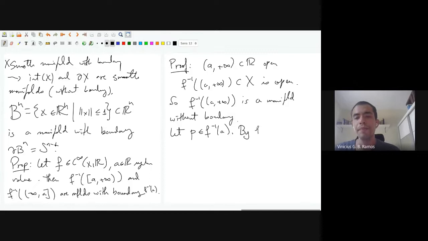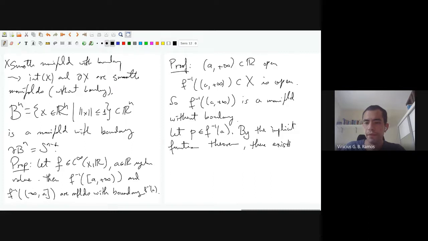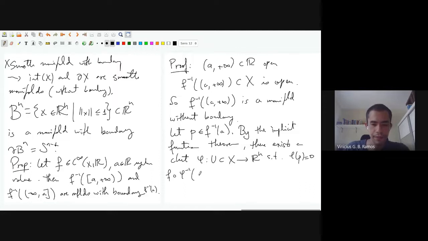So by the implicit function theorem, because A is a regular value, there exists a chart phi that goes from a neighborhood of p in X into Rn, such that phi of p is 0, and F composed with phi inverse of (x1, ..., xn) is going to be x1 plus A. Okay, that's one of the ways that you can see the implicit function theorem.